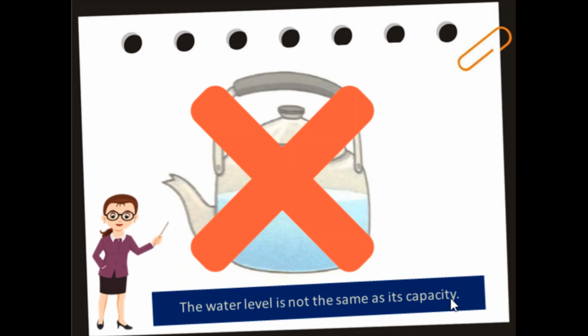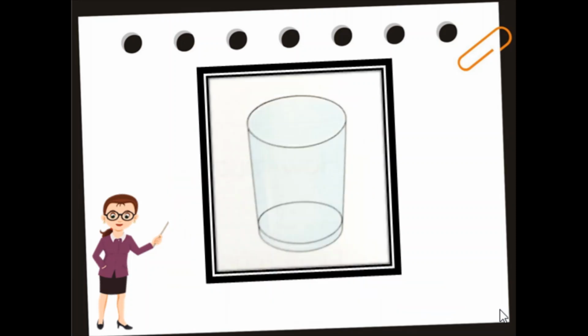The capacity of the teapot is until here, but the water is just here, so it's not the same. Again, the water level is not the same as its capacity. Can you differentiate it already? Well, that's good.